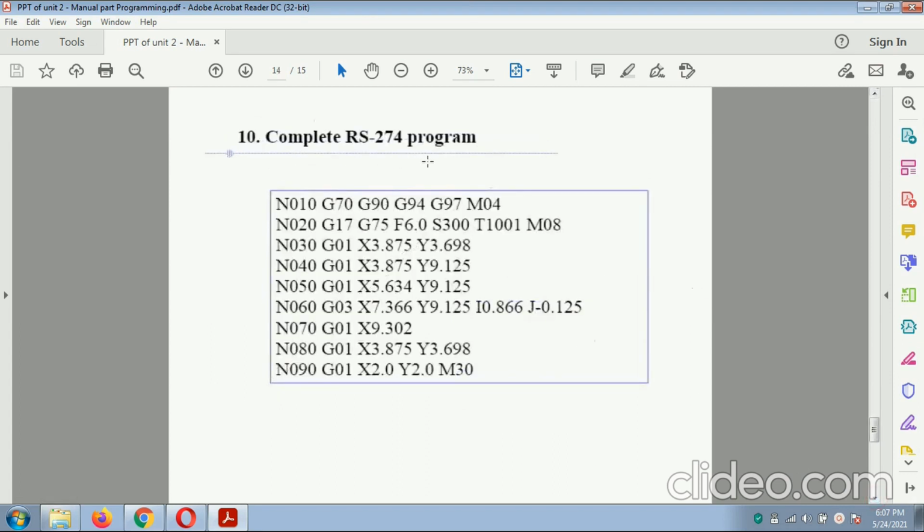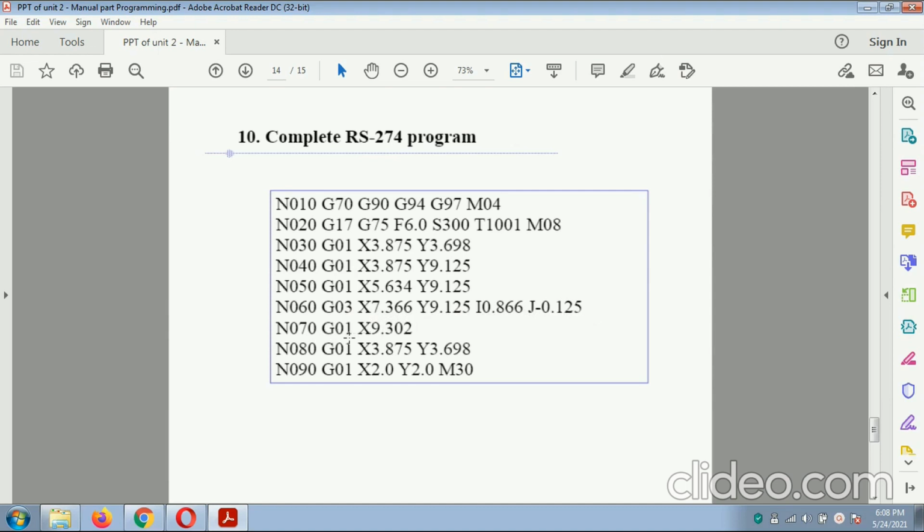So the complete program in RS-274 is N010 G70 G90 G94 G97 M04, with the tool and feed rate. Then Y is fixed and X changes, and in the next position X is fixed and Y changes. For the counterclockwise semicircle, X is 7.366, Y 9.125, I 0.866 and J 0.125.